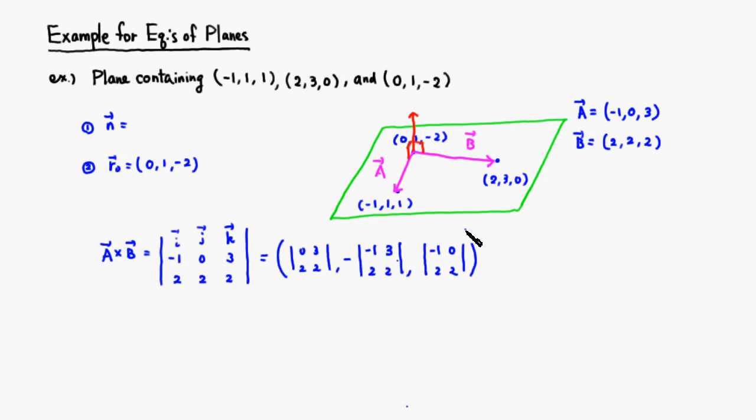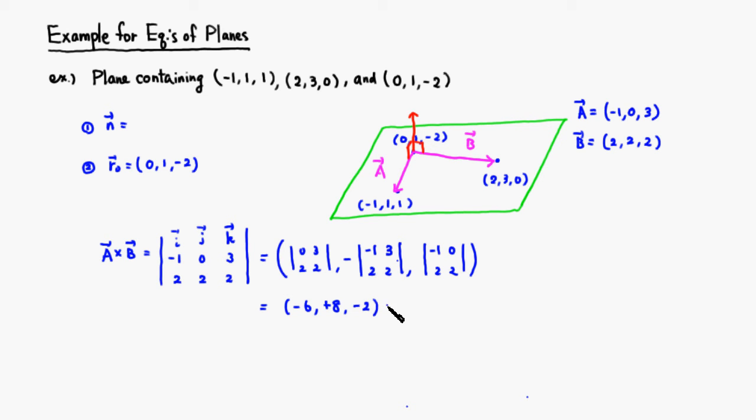Then we can compute that. The first is 0 minus 6, so it's -6. The second is negative of -2 minus 6, which is -8, so it's positive 8. Then the third is -2 minus 0, so it's -2.